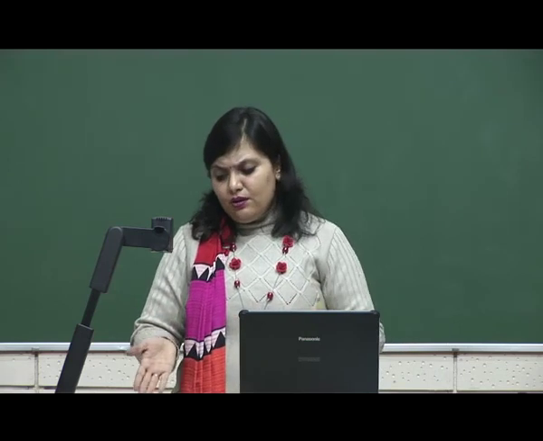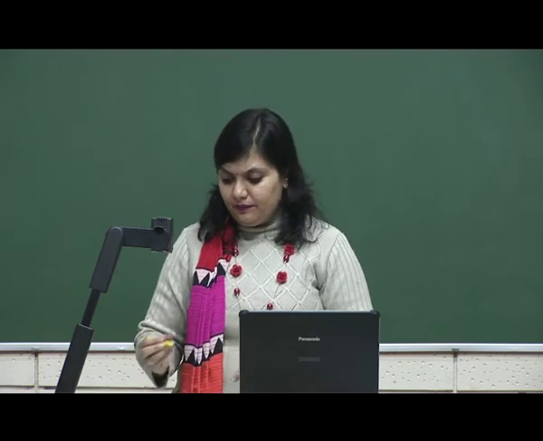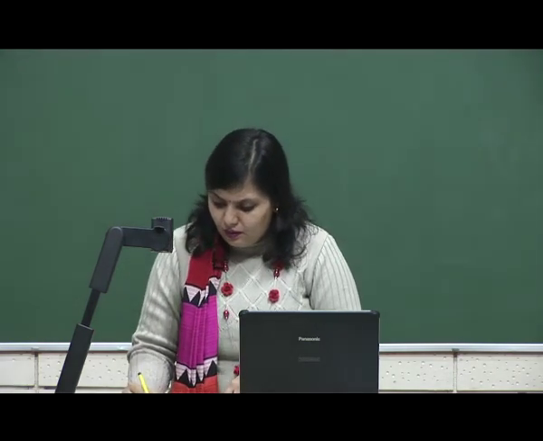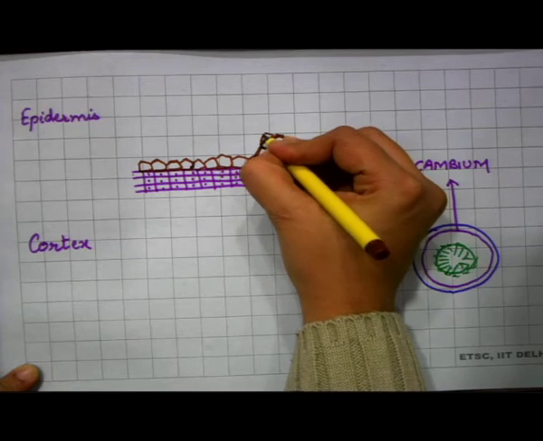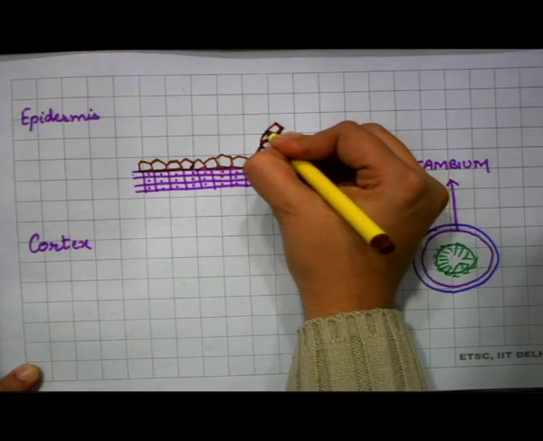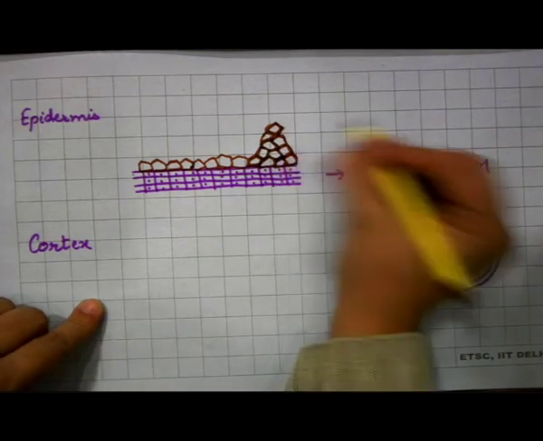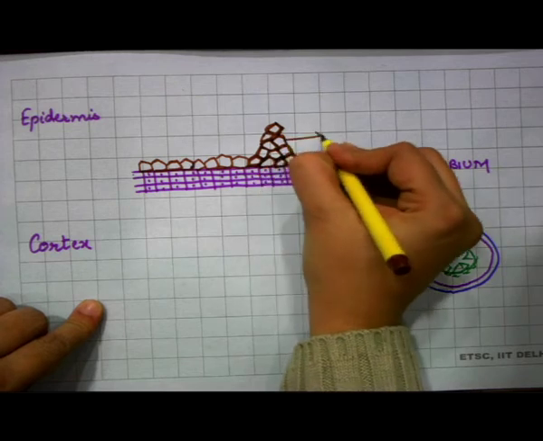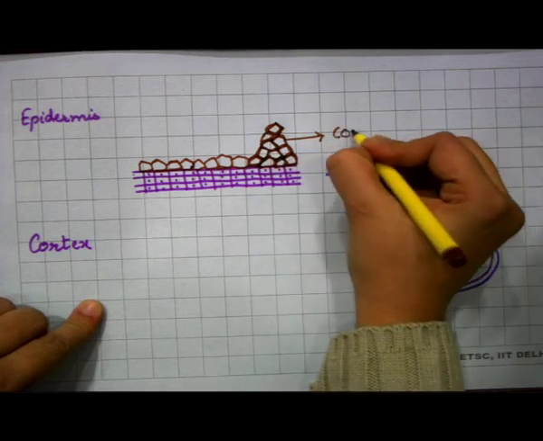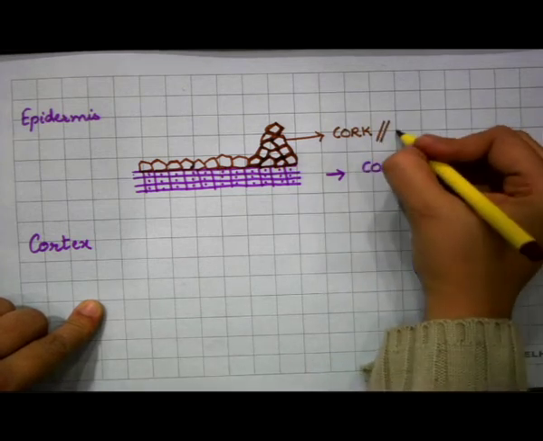So, it is better that you always try to use different colors or different ways to label your diagram while you are making it. I will draw a few cells here only in order to save some time. This is how the cork cells would look like. They are colored, they are thick walled and they are suberized and dead also.